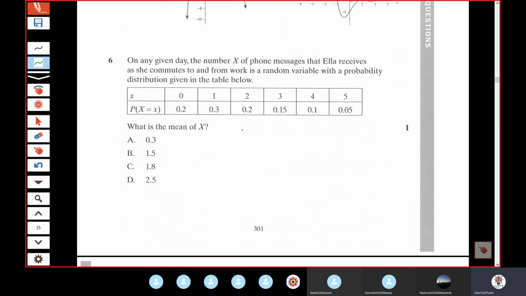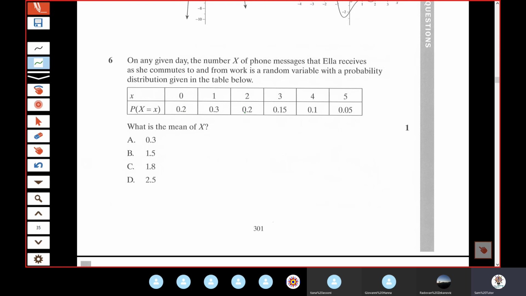All right, mean. Try number 6. Expected value of x. How do we do expected value of x again? No, that's probability.